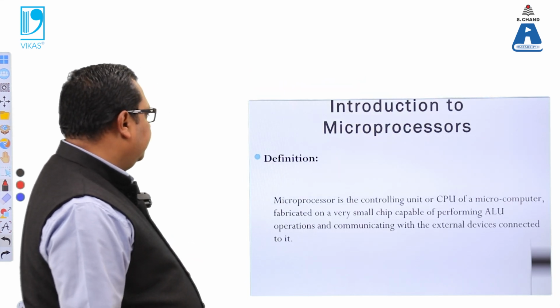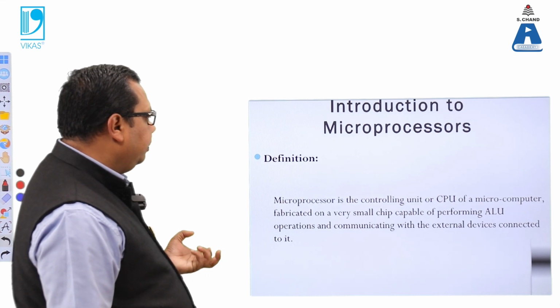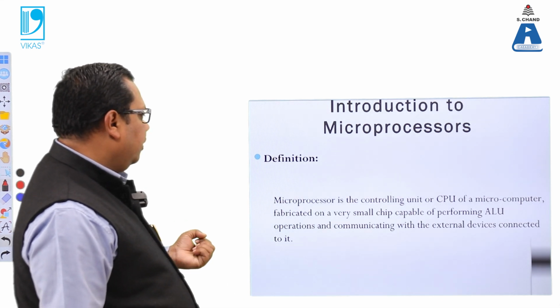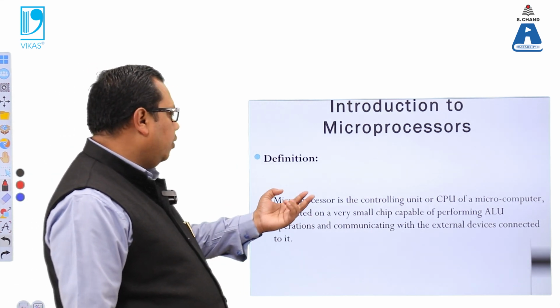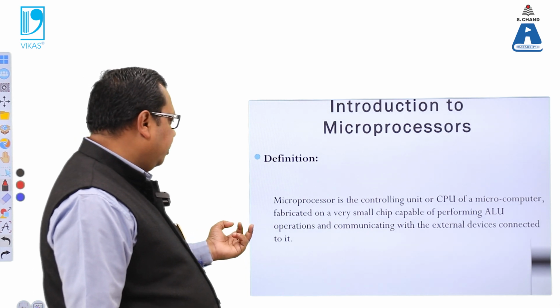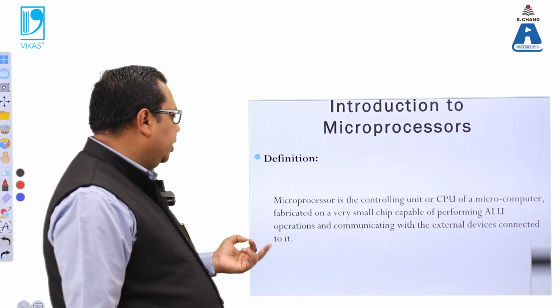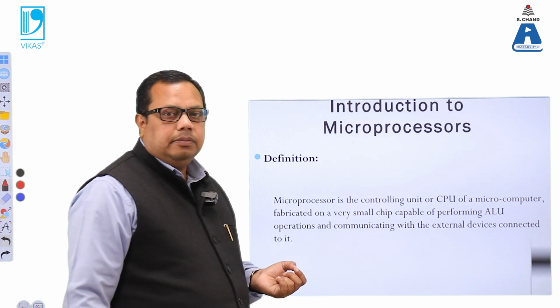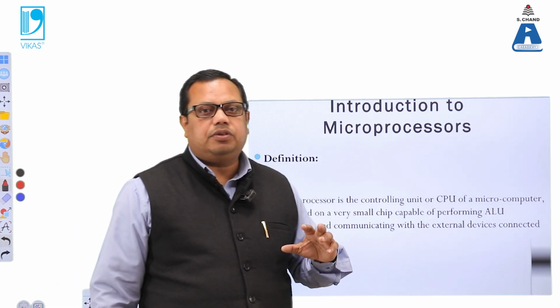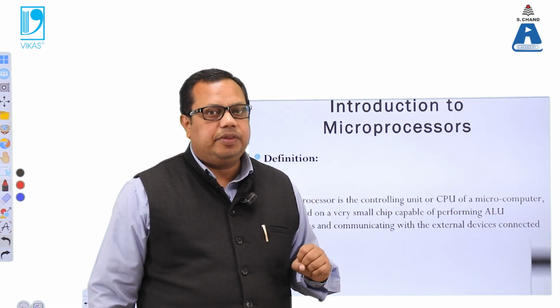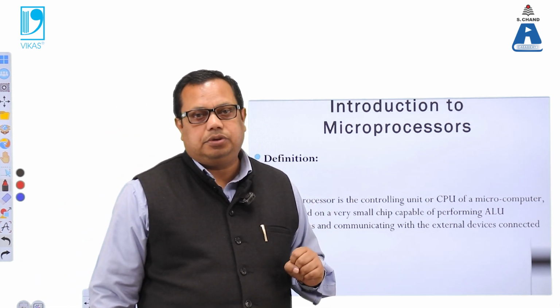Then we have the introduction. The microprocessor is the controlling unit, the CPU, which is fabricated on a very small chip, capable of performing all the arithmetic logic unit operations and the communication with the external devices connected to it. Basically, the performance of a system depends upon the processor used.